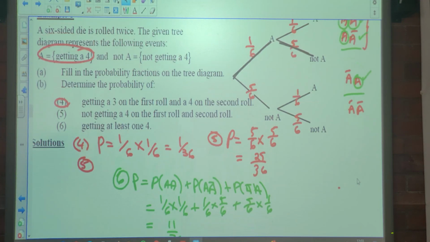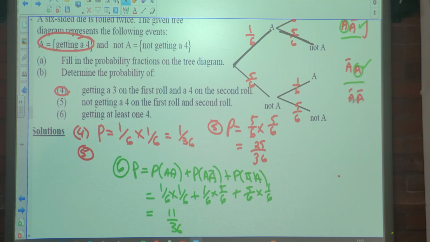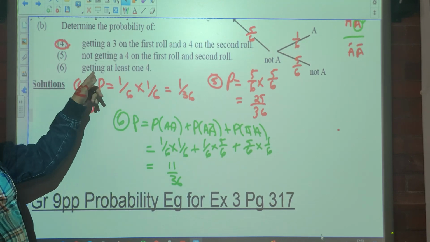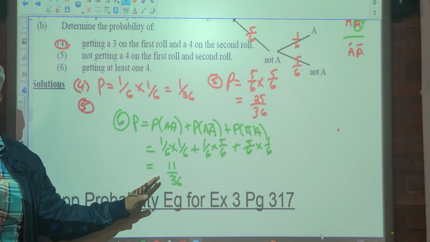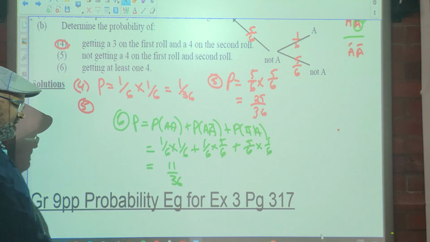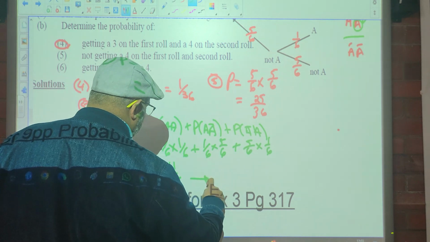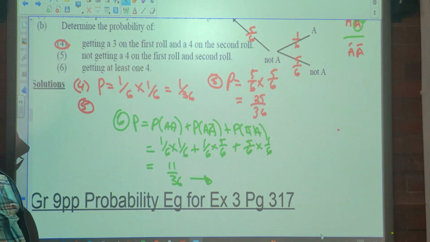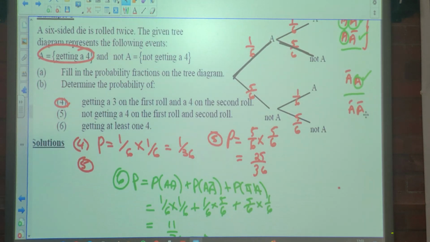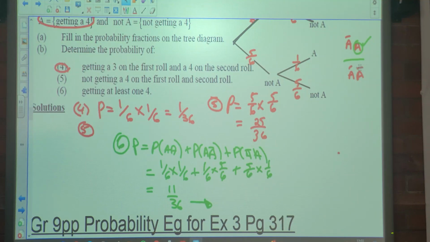Now, you all understand that the probability of getting at least 1 four is 11 out of 36. That's the answer there. But now something I want to draw your attention to is not a 4, not a 4.